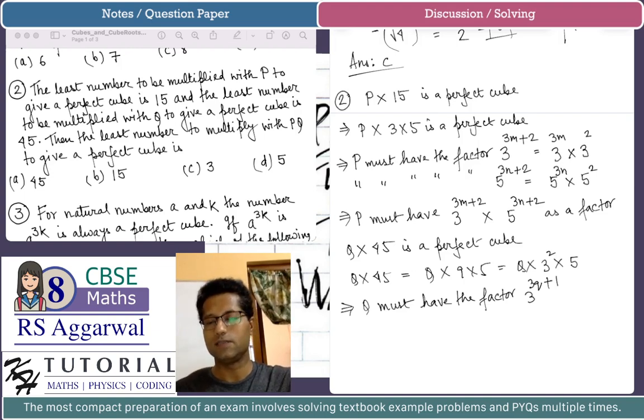because we can see that 3 into 3, that is 3 square, needs to be multiplied with q to make it a perfect cube. Okay, so this is nothing but 3 to the power 3q multiplied by 3.